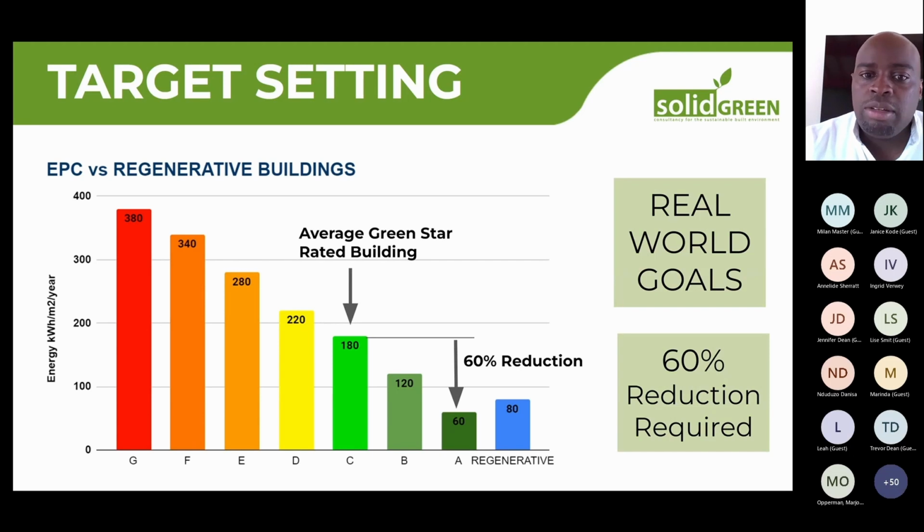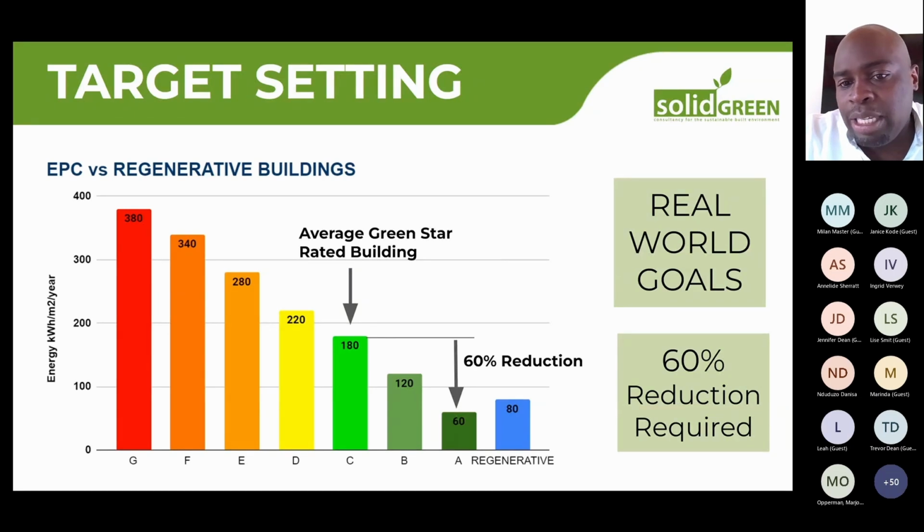But nevertheless, you can see that overall, what is really important for the regenerative buildings is this very, very high level of energy efficiency. So if we are looking at real world performance and how to get this, whether it's in design or in reality, is to say, was this building quantifiably more energy efficient than anything else that I have done?